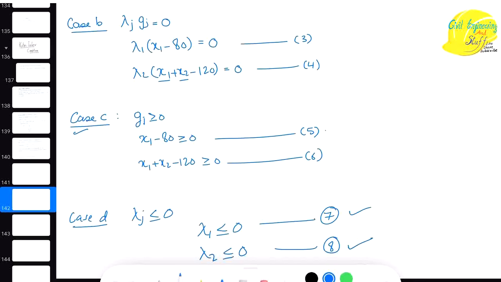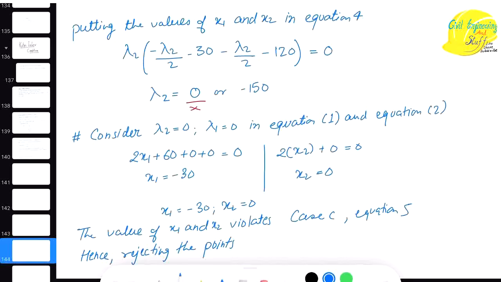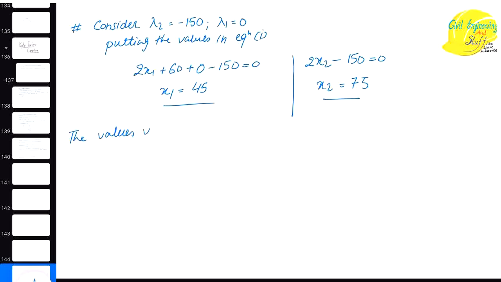Our x1 is 45, so 45 minus 80 is again a negative value. So again, case C, equation number 5 is not being satisfied. So we are going to write the same statement: the values violate case C, equation 5, hence rejecting the points.